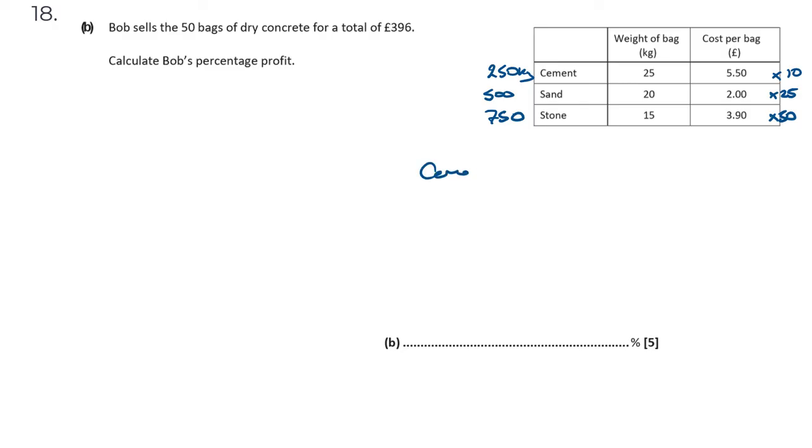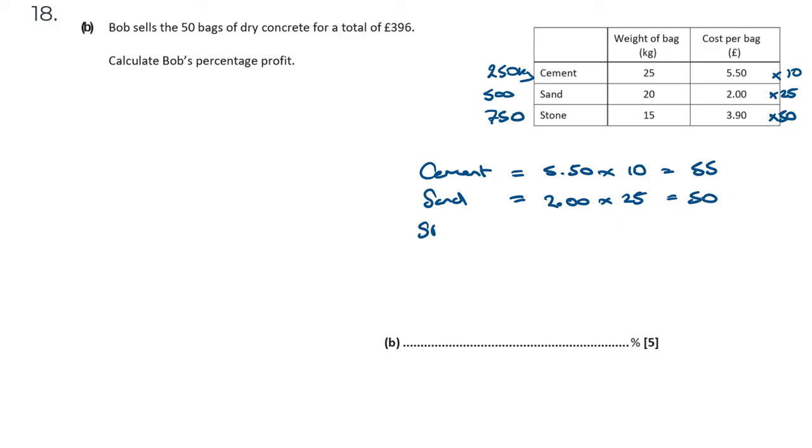Cement, that is going to be £5.50 times 10, which is just £55, isn't it? Sand, that's going to be £2 times 25, so that's going to be £50.